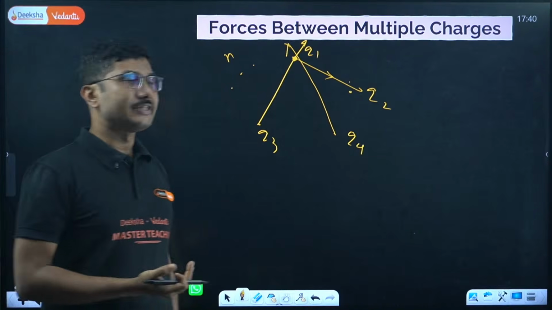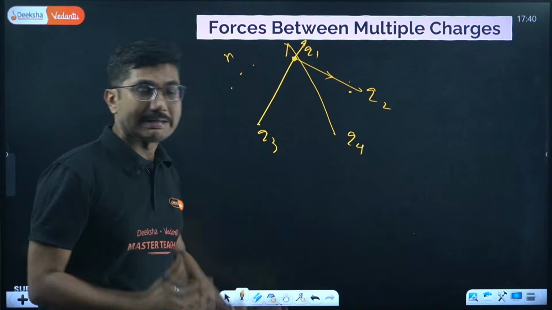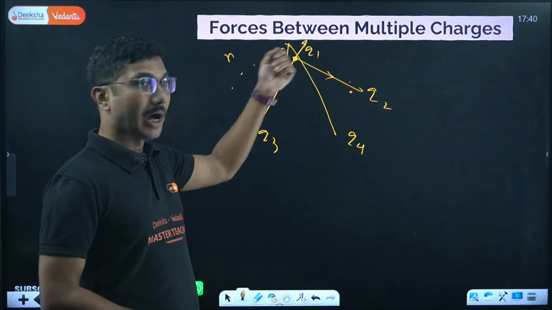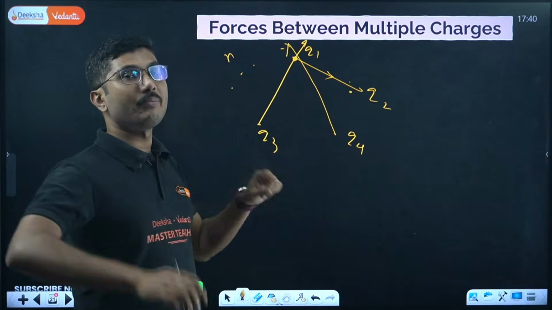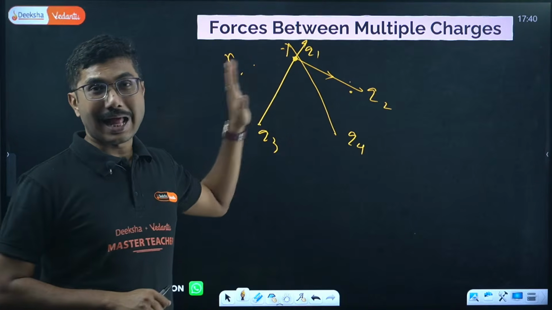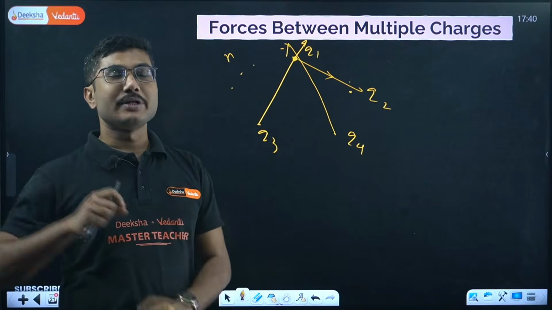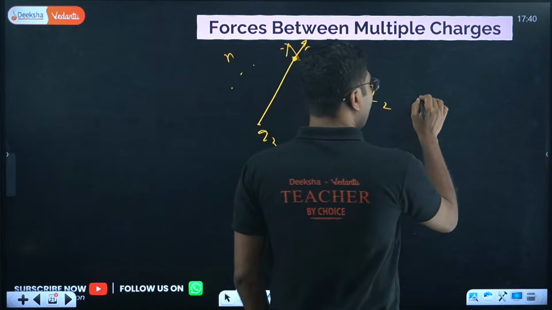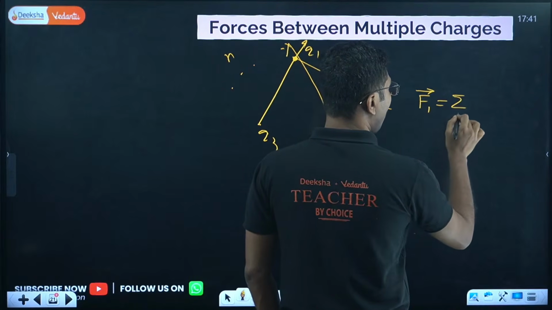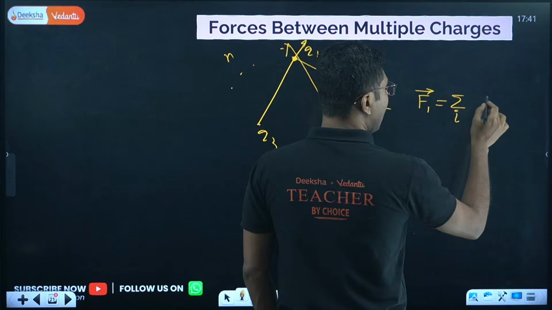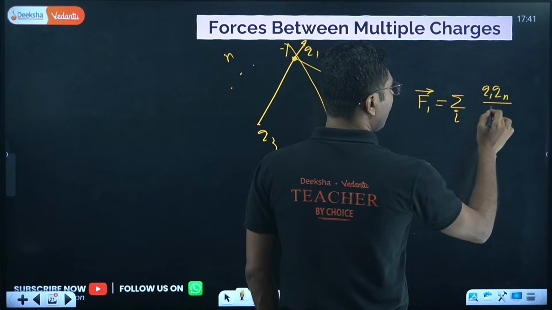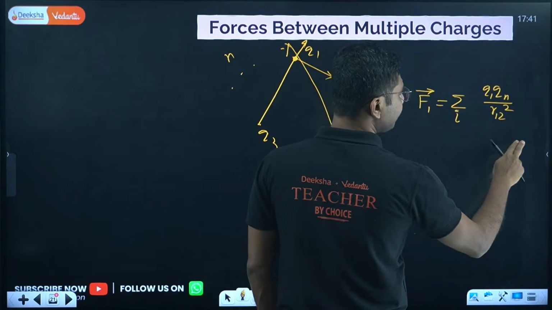The thing is very simple: you take the force vector of all such pairs with charge 1, and then you add them vectorially to calculate the final force. It is not a simple algebraic addition. This is important when you solve numerical questions, since these kinds of things are being asked. So the force is the sum over all such charges, q1 qn by r1n square.